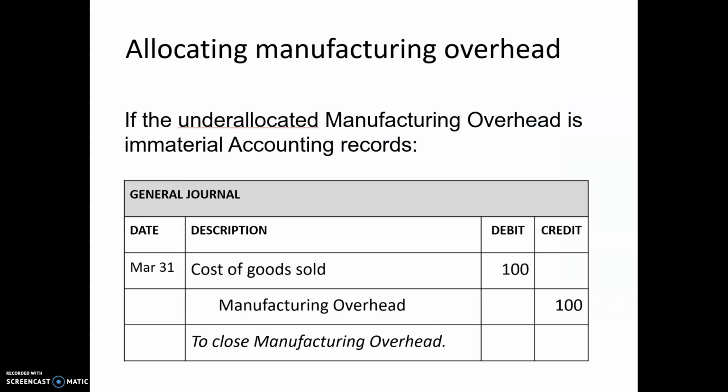Because we want to zero out manufacturing overhead. Manufacturing overhead is just a clearing account, right? We hope to put it all into work in process, but if we get to the end of the period and we didn't put enough onto the jobs, then we just end up recording it as cost of goods sold.